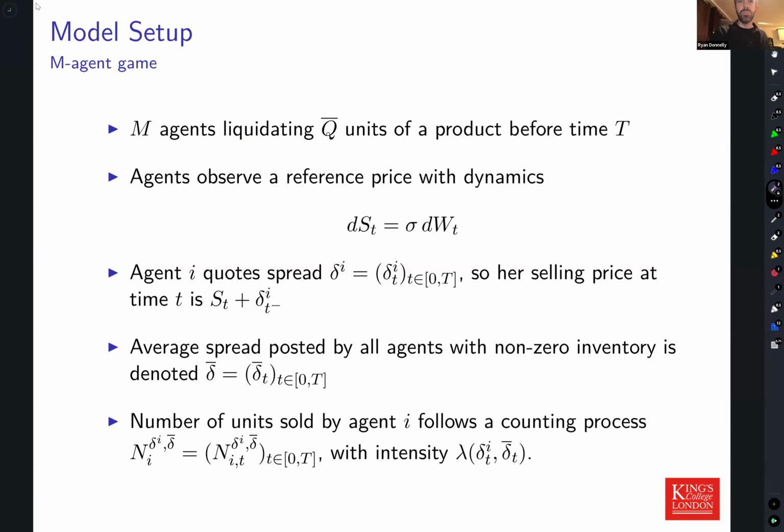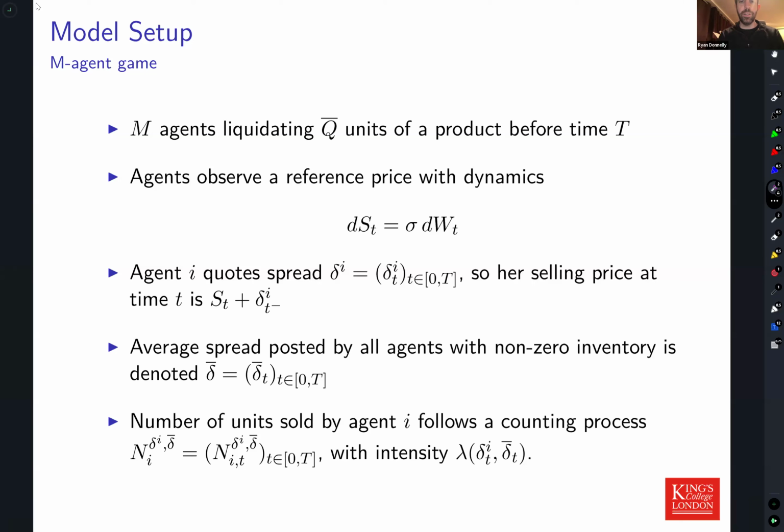The agents all observe a reference price, which for simplicity we set equal to a Brownian martingale. And each agent, which at the moment we'll denote with an index i, is going to quote a spread price, which we'll denote by delta i, so that at time t, the price that they are offering to sell a single unit of inventory at is S_t plus delta_t.